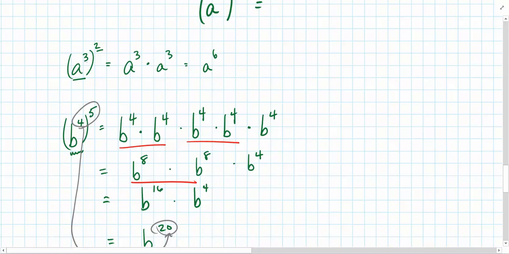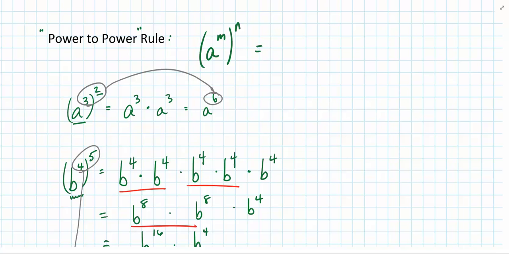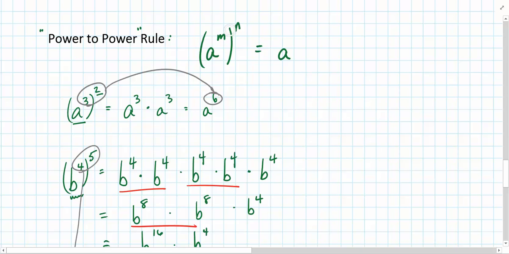What did we do to change the numbers 3 and 2 to the number 6? Well, hopefully you recognize that you multiplied those together. A to the mth power, quantity raised to the nth power, is simply equal to A to the power of m times n. That's our power to a power rule.